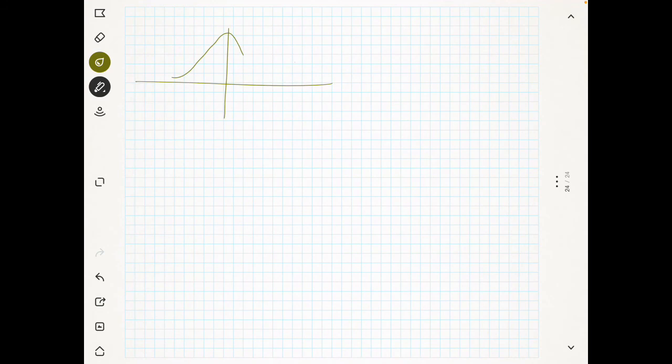One is like this, and another one is something like this. This one has some sigma x1 square, and this one has sigma x2 square. X1 and x2 are two different random variables, so this is f x1 of x and this is f x2 of x.